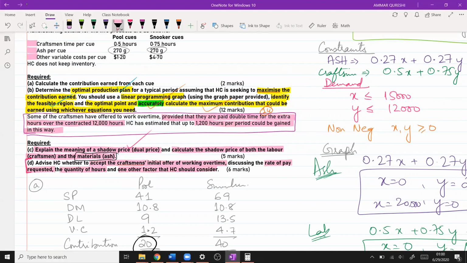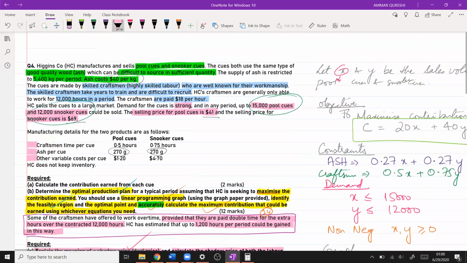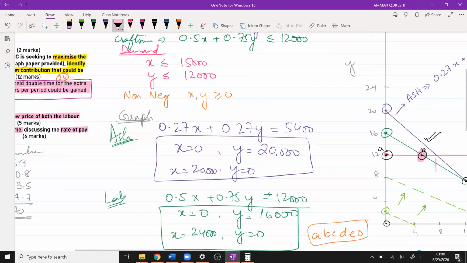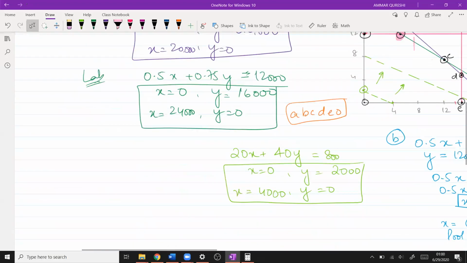So 6 marks are here. 3 requirements are here. You have to consider the requested pay, the number of hours, and then any other factor, right? If they are asking for double rate, then $18 is per hour, so for overtime they will be asking for $36, right?